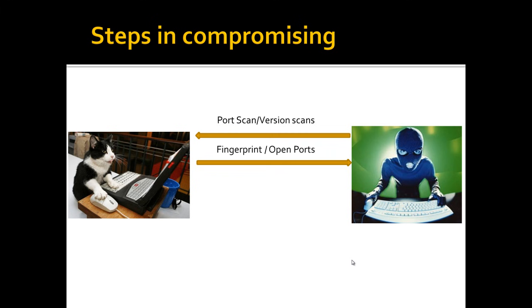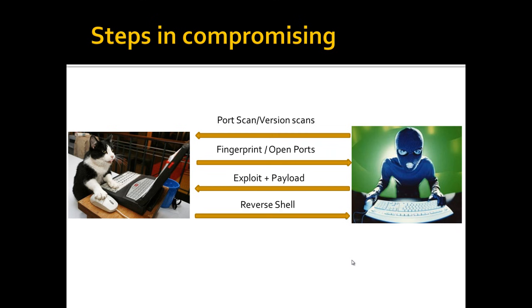And then once we find one, we would send that exploit. We would configure an exploit and a payload and send those right to the victim, to try to exploit his system and gain control of it. And once that's successful, the victim would connect back to us with the reverse shell.